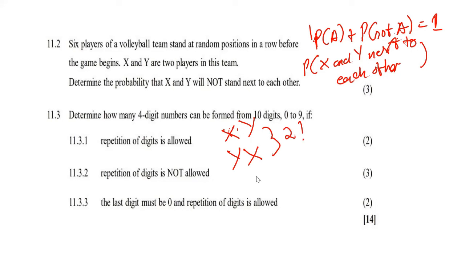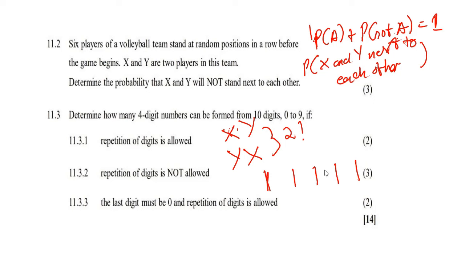But then these are questions whereby we have to take X and Y as an item or 1 unit. So if we are taking X and Y as 1 unit, then that means the positions which we have to fill are 5 positions instead of 6, right? Because remember, in every kind of way, the X and Y always have to be next to each other.